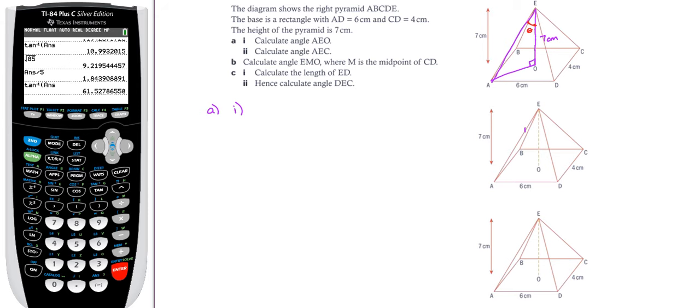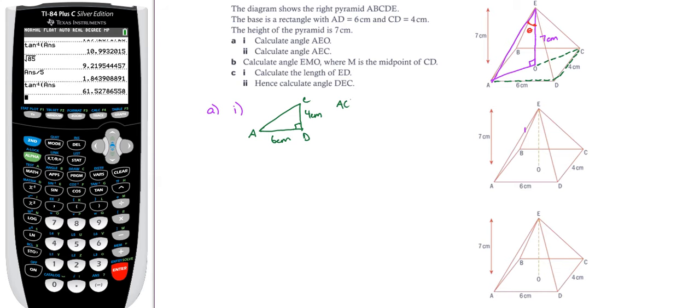So I kind of have to look around and say, okay, which of those sides could I find? AE is going to be pretty tricky, but AO is part of the base, and I do know some information about the base. For example, there's a diagonal that cuts across the base like this, and that's part of a bigger triangle, which is like half the base. And I know that AO is going to be exactly halfway along this diagonal. So if I think about this triangle here along the base, I have A, C, and D. I have AD of 6 centimeters and CD of 4 centimeters.